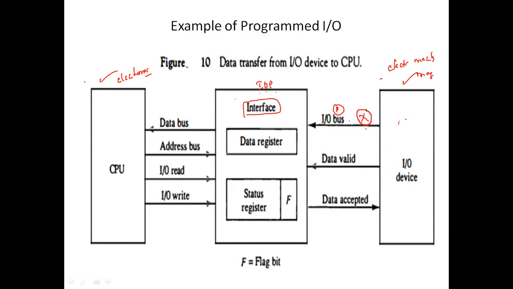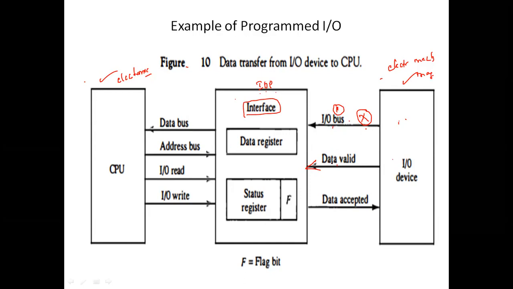After this is activated, the IO device sends the data valid signal to the IO interface. Data valid means I am ready to send the data to the CPU, so you tell the CPU to take the data.